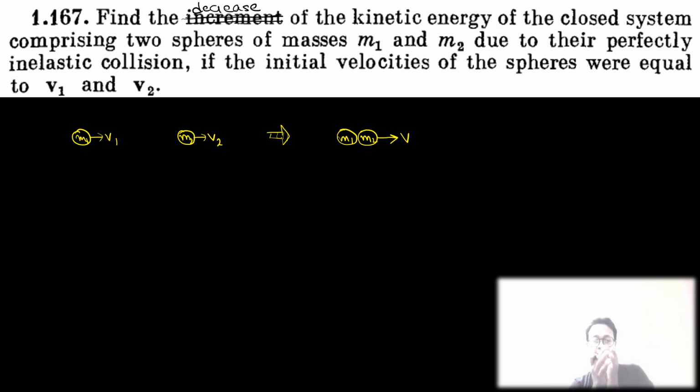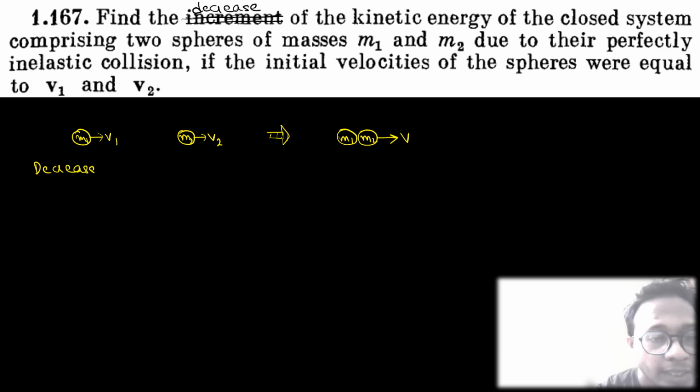If you collide two objects, you hear a sound, no? That is coming from the kinetic energy of the two bodies. And in an inelastic collision where the bodies stick together, the maximum amount of kinetic energy loss takes place from the system. So the total kinetic energy here would be much bigger than the total kinetic energy here. So what is the decrease in kinetic energy?